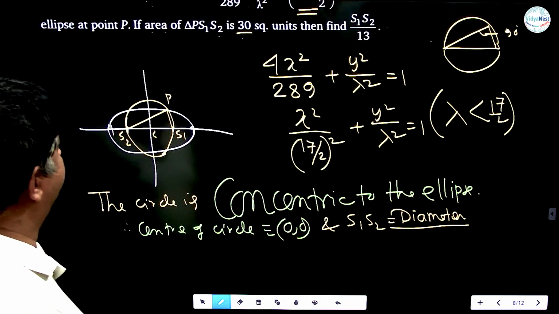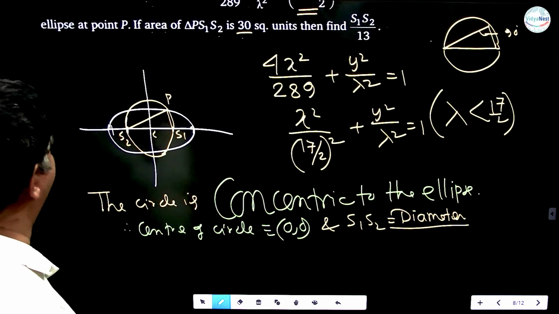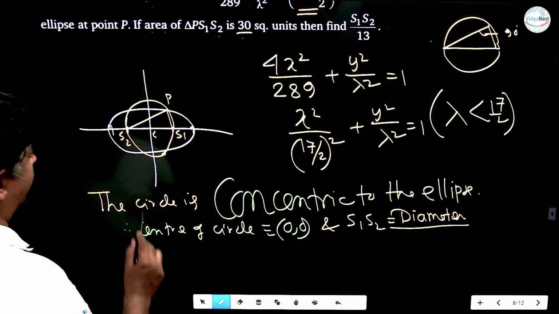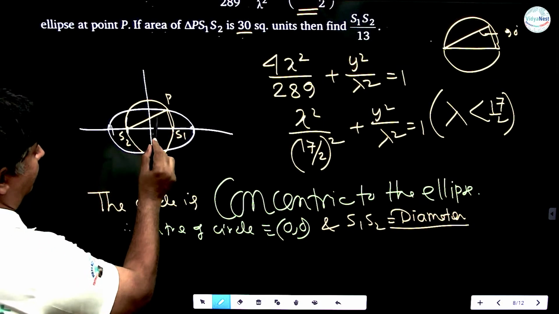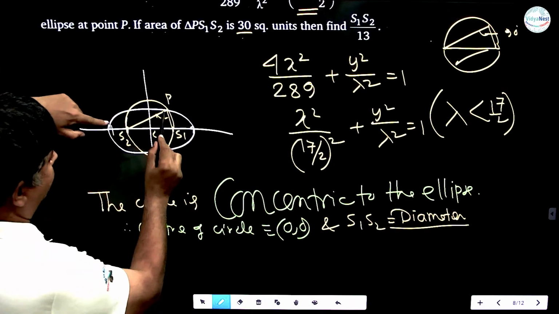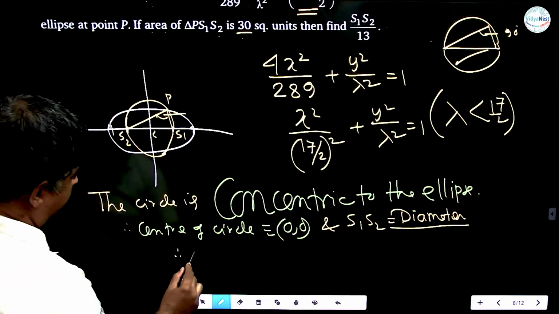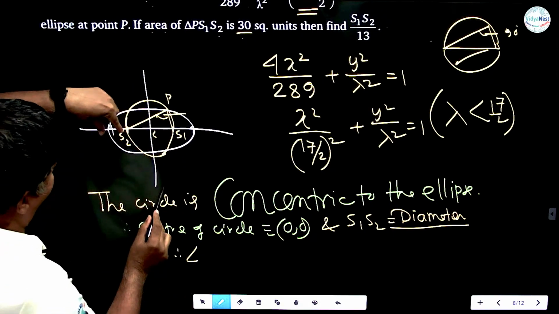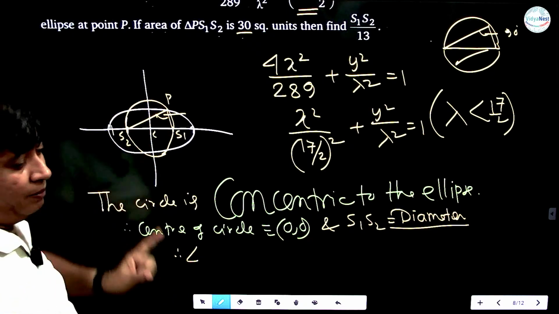Now you observe, this is the diameter. So this angle, according to this theorem, is 90 degrees, because with respect to the circle, S2 P S1 is the semicircle.